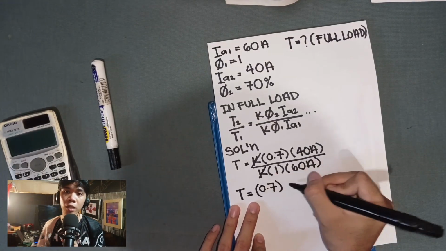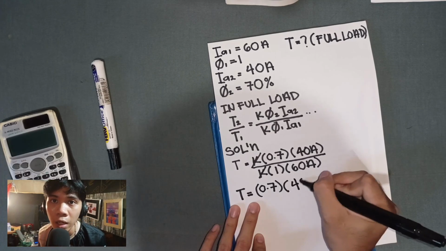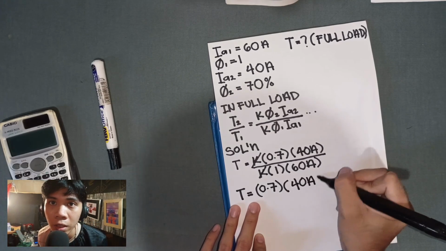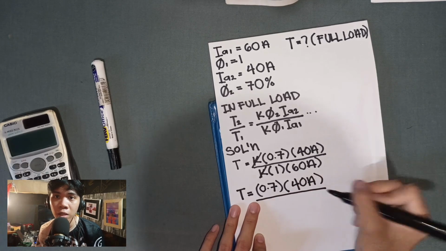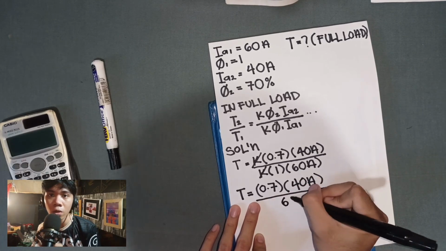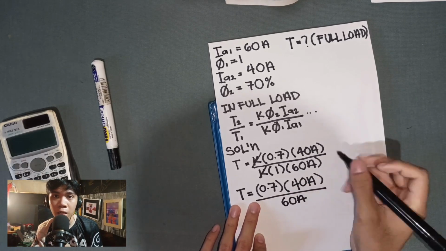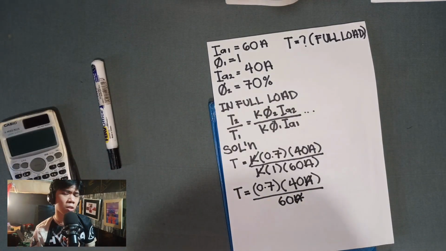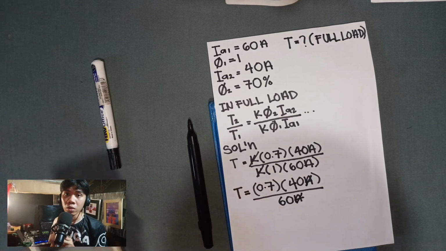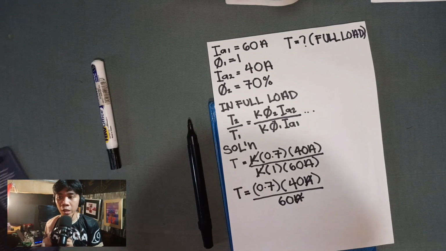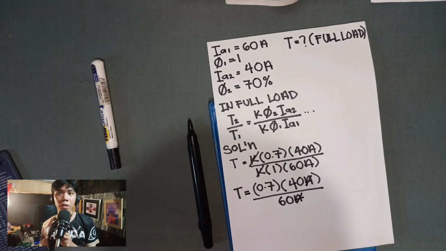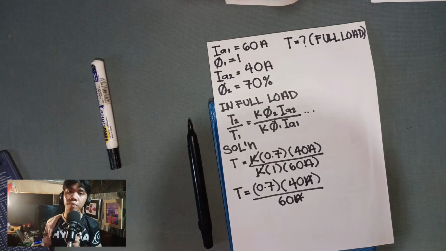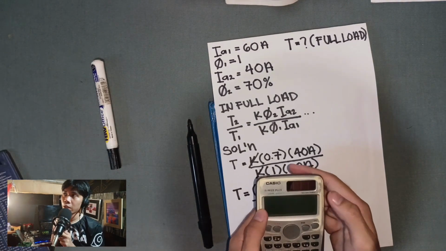Isosolve na natin ito: 0.7 times 40 amperes all over 1 flux and 60 amperes. Napakasimple lang ng formula na ginamit natin.